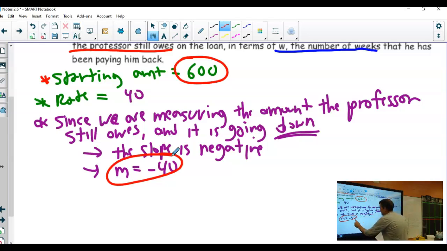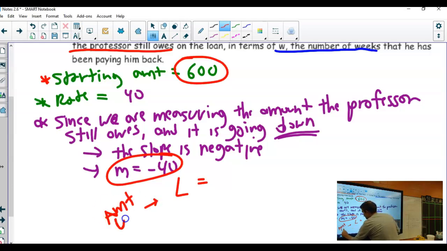That is L equals, L is the amount of the loan, is equal to, now instead of writing mx plus b, when I write these equations, I like to start with the starting amount actually, 600.